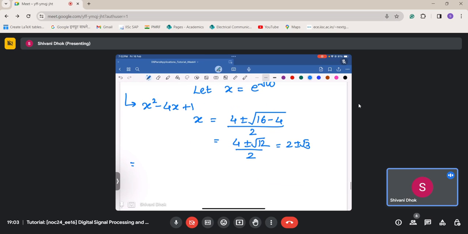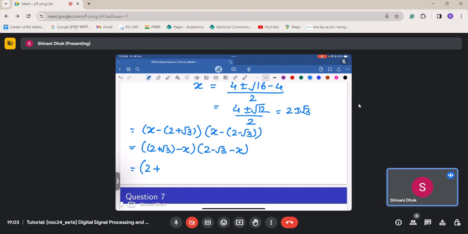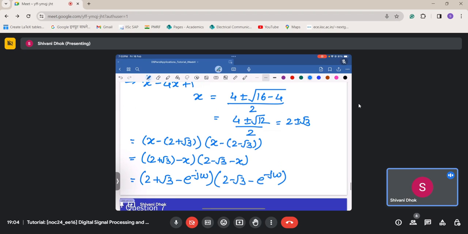So this I can write as x minus 2 plus root 3 multiplied by x minus 2 minus root 3, or I can also write this as 2 plus root 3 minus x into 2 minus root 3 minus x, which is equal to 2 plus root 3 minus e power minus j omega into 2 minus root 3 minus e power minus j omega. So now let us substitute this quantity back here.